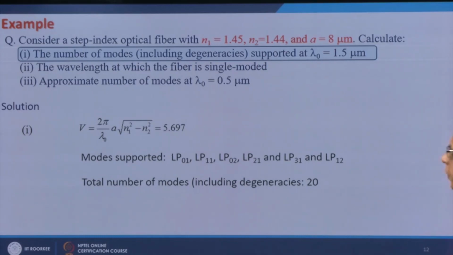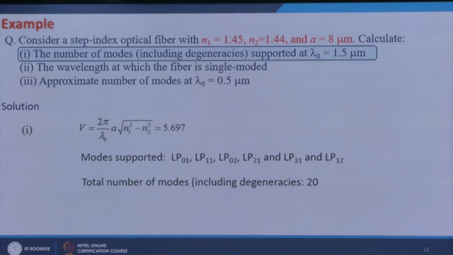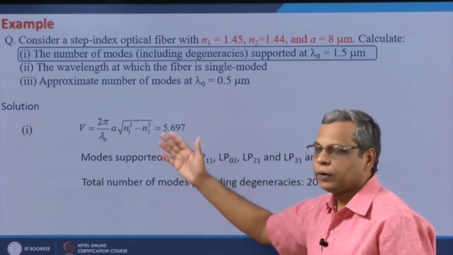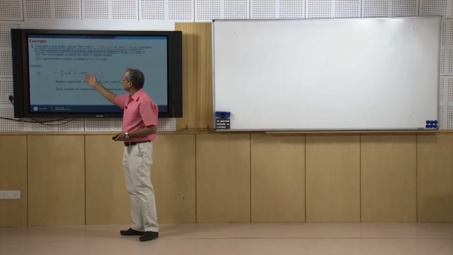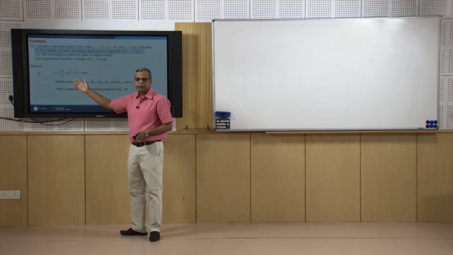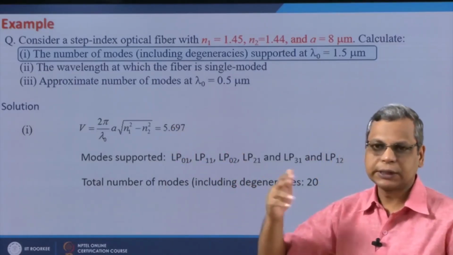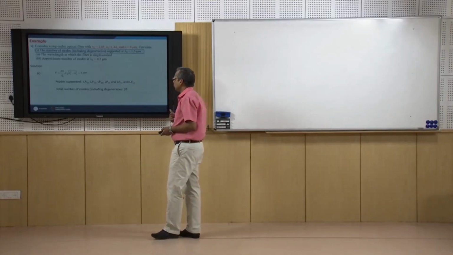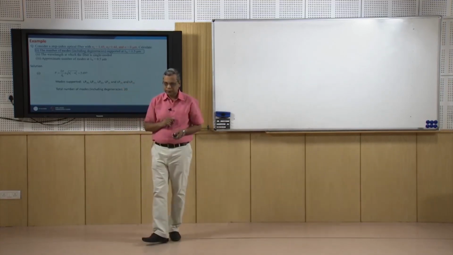So with this value of V, the number of modes would be around 20. You can also check using V square by 2. V is close to 6, so 6 square is 36, 36 divided by 2 is approximately 18. So it is a little more than 18, and here you are getting 20, so they are close.